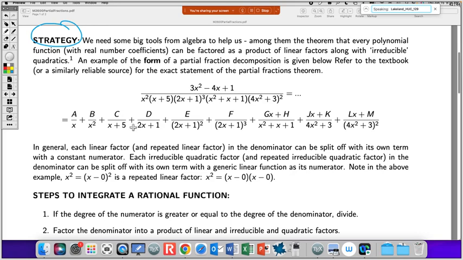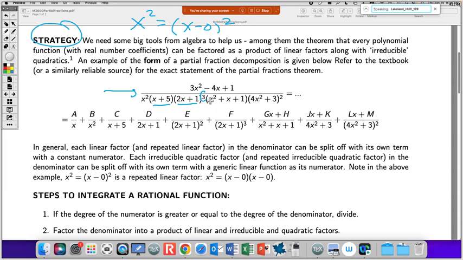So for example, let's look at this rational function here. This is a ridiculous rational function. You look at that denominator. If you see x squared on its own, think of that as x minus 0 squared. So linear factors, the x is to the first power. x plus 5 is a linear factor. 2x plus 1 is a linear factor.